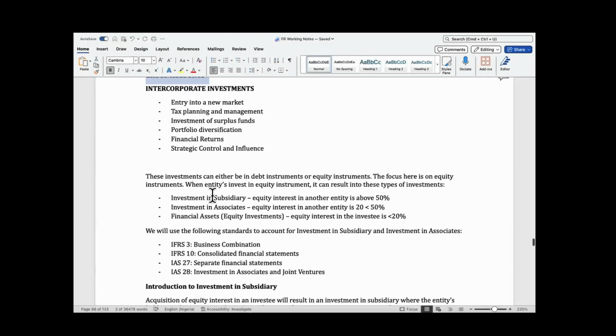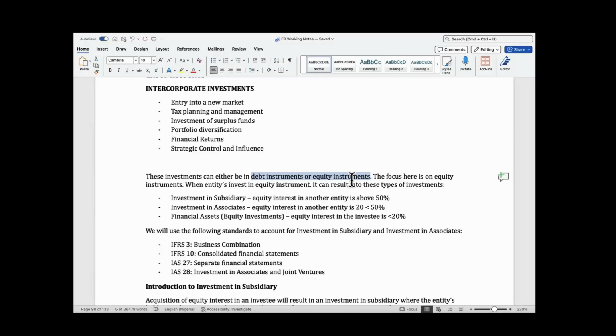So how do they do these investments? See, these investments are done through either a debt instrument or equity instrument. The focus for group accounts is equity instruments. Debt instruments will not make us prepare group accounts. I'll teach you debt instruments under financial instruments.